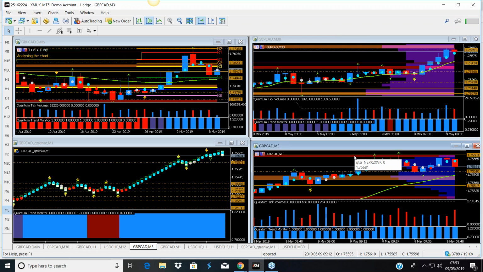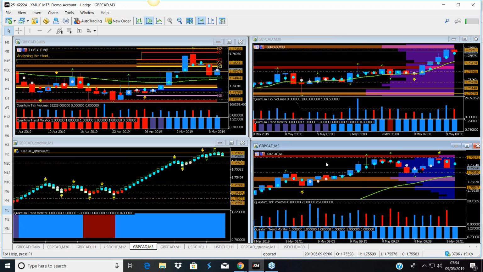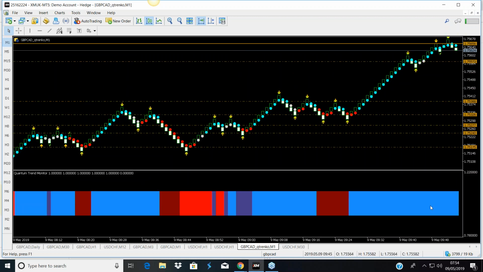When you use multiple time frames, as I said, these are the two trading charts, the Renko and the 3-minute chart. With the Renko, that has stayed relentlessly blue. The trend dots have stayed blue. We've only had this little pullback here, where the trend dots went into grey. As I said, we've got three colors: blue, grey and red.